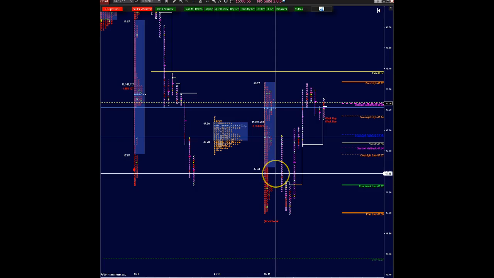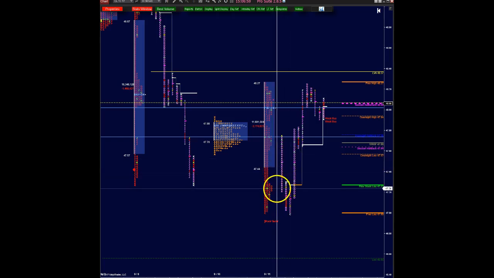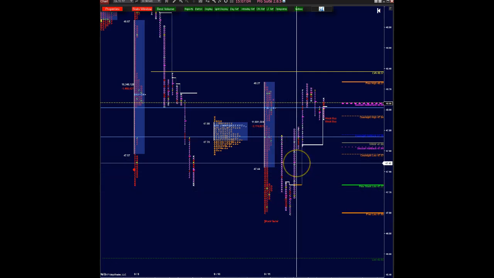Obviously, that was a big mistake, because the second lesson to be learned today is that you never know when a short covering rally or a long liquidation sell-off will end. You cannot stand in front of that.